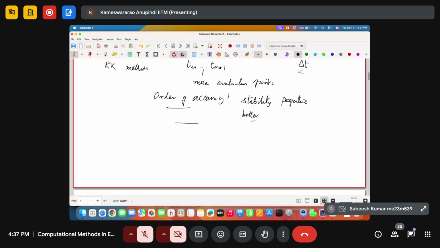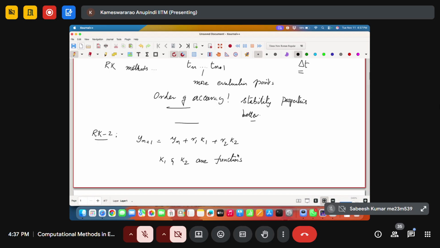So in general, in second order accurate methods, that is RK2, we will write yn plus 1 equals yn plus gamma 1 times k1 plus gamma 2 times k2, where k1 and k2 are functions.